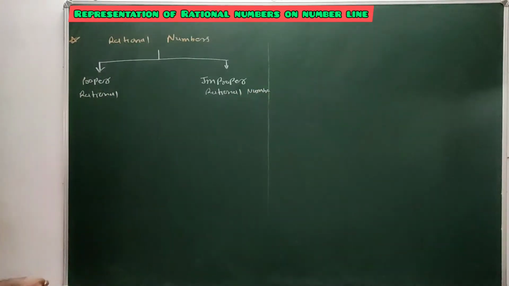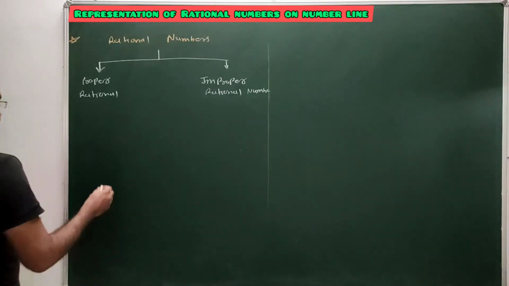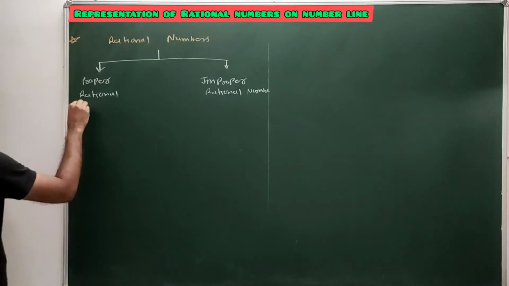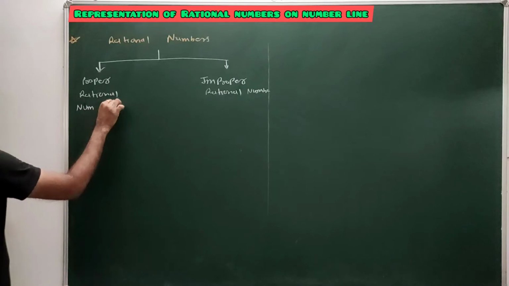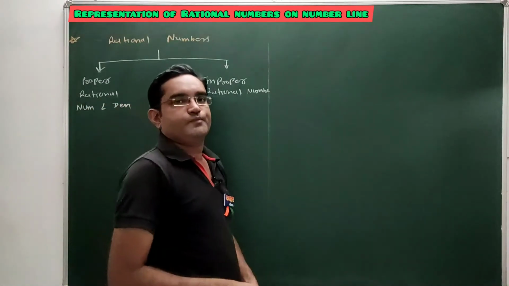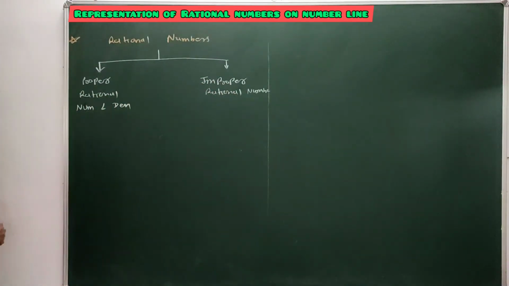So what is proper and improper rational number? A proper rational number is a rational number in which the numerator is less than the denominator.